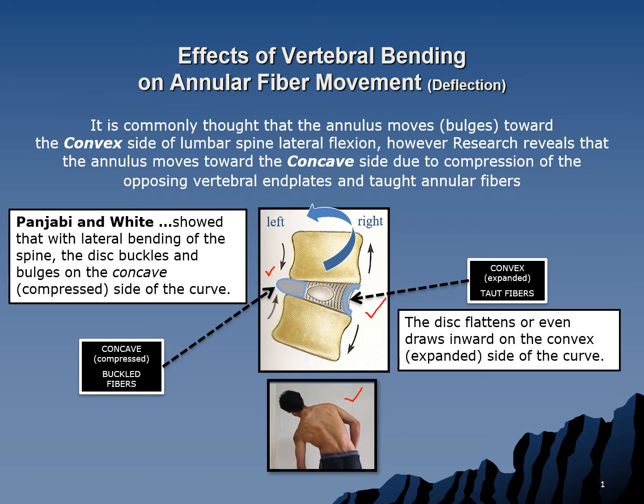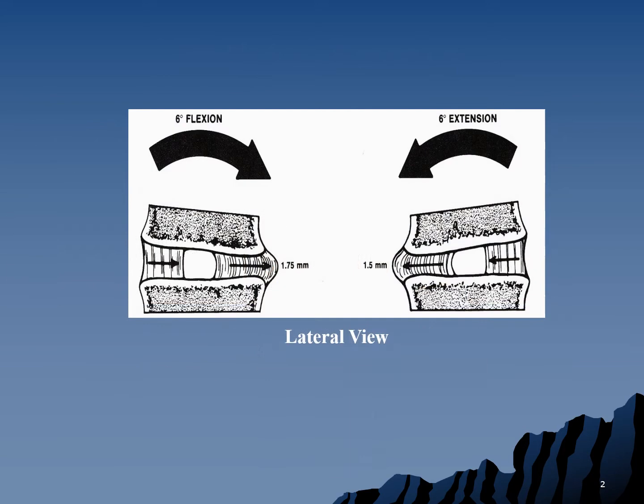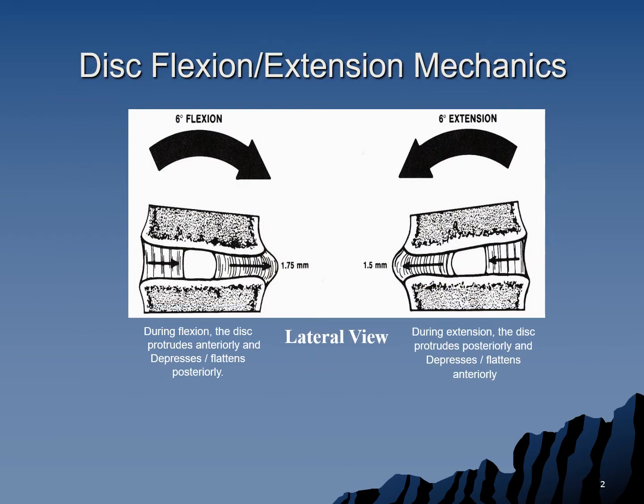As the vertebral end plates separate, which I'll just demonstrate right here, because those collagen fibers are taut, they become more taut and stand straight up or even buckle in, where on this side they get compressed and they buckle outward. Of course, this is true during flexion and extension as well.